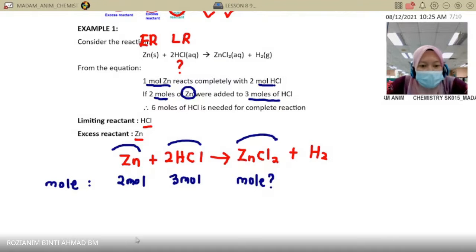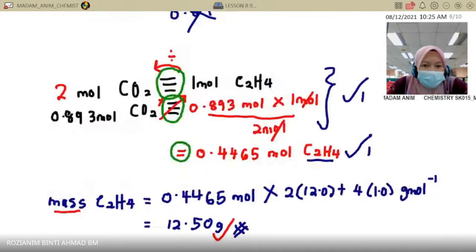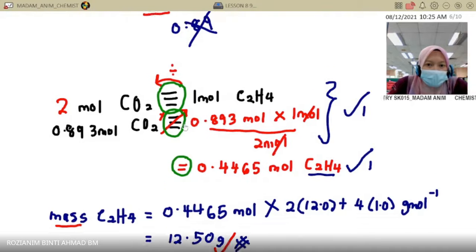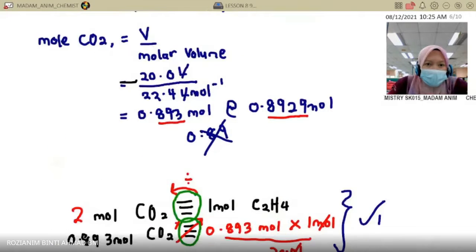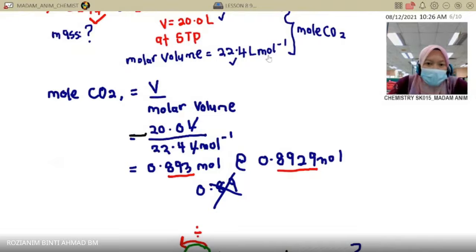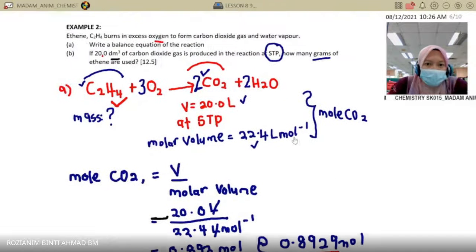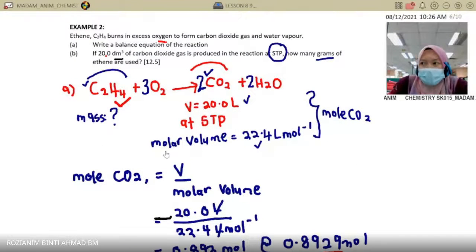So kalau kita belajar tadi, kalau kita tengok balik our previous lesson, tengok data collected. Tengok balik data. Okay, nampak tak data macam mana? Kalau kita tak belajar lagi limiting reactant, lesson yang you belajar sama macam sekolah, maklumat tu hanya bagi satu je data dia untuk kita compare apa yang kita nak.